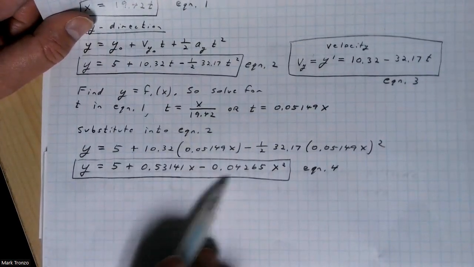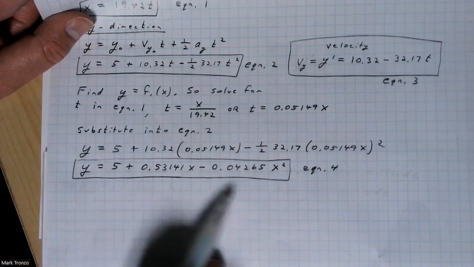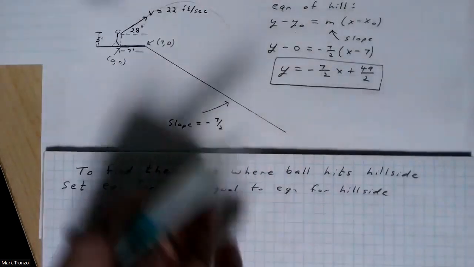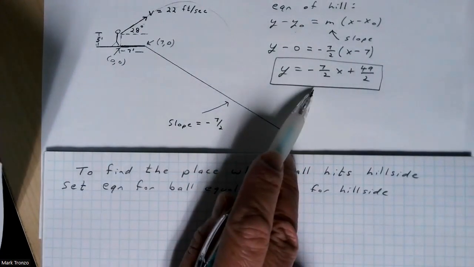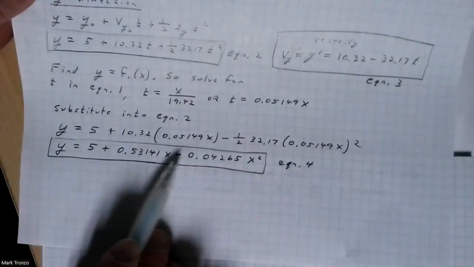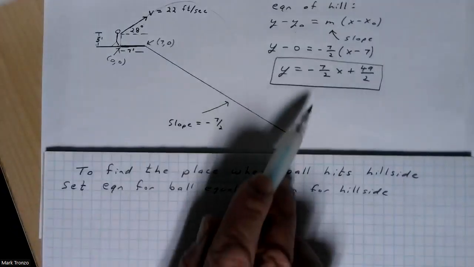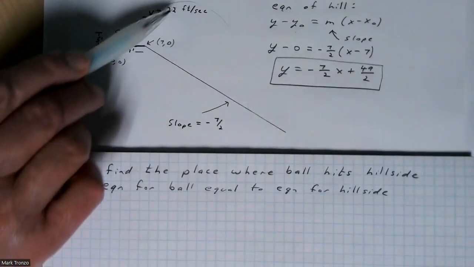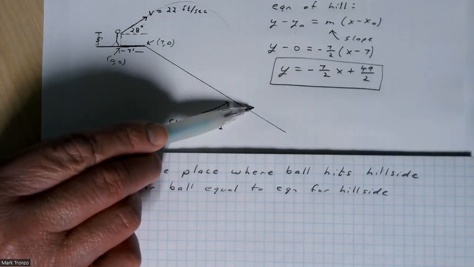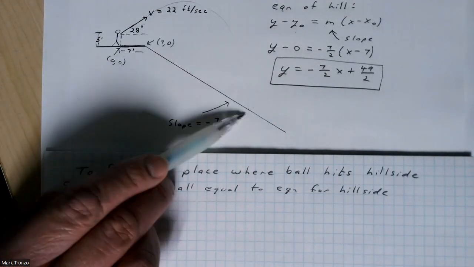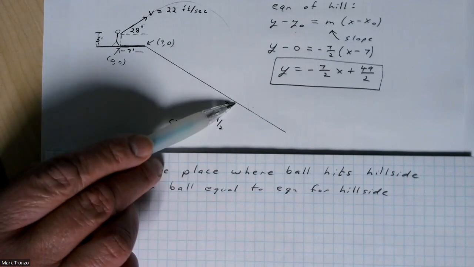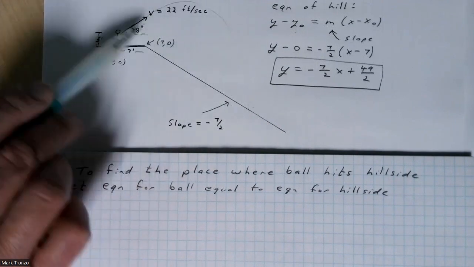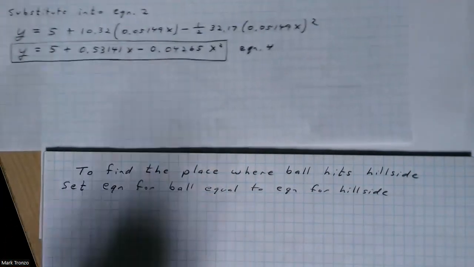So we'll do that. And once again, I'm going to rearrange and put the x's first, x squared first. So I'm going to set this equal to our equation for the hillside. So let me start with this, because see, they're both equal to y. And so what we're really doing is finding the intersection of this curve with this curve. So we're intersecting this curve for the ball with the equation for the hill.